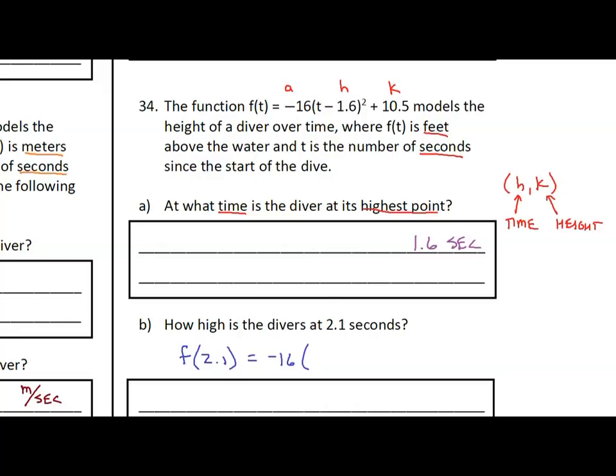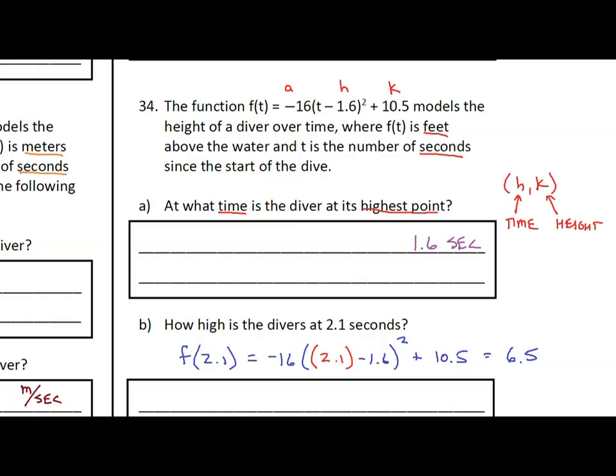So I'm going to use a different color parenthesis. And my t value is going to be 2.1, close parentheses. And now I'm going to put in here minus 1.6, close parentheses squared, and then plus 10.5. Plug that into your calculator and you should get 6.5.